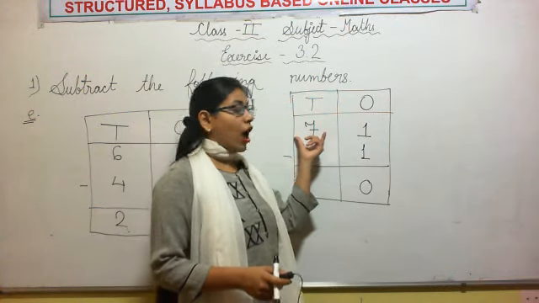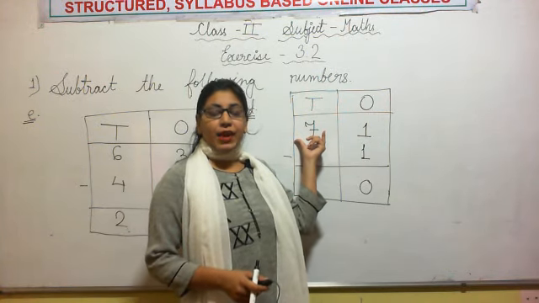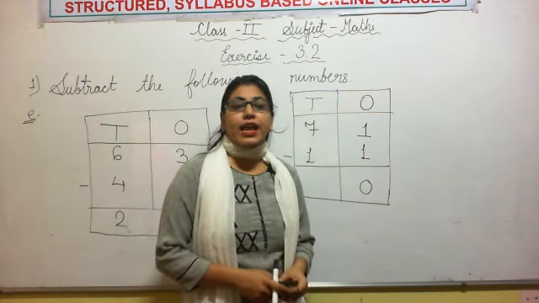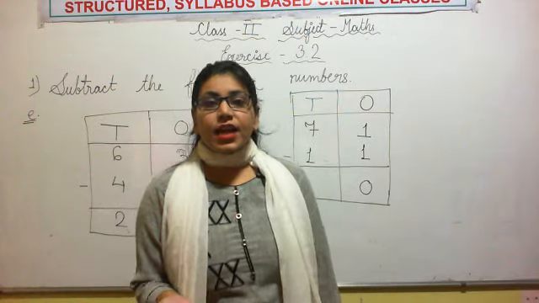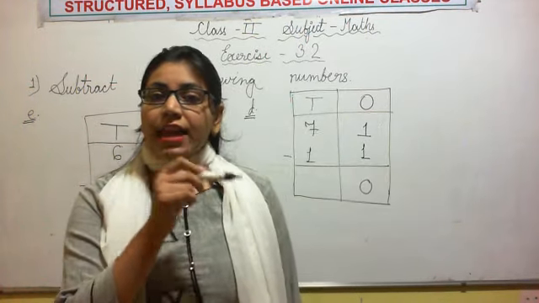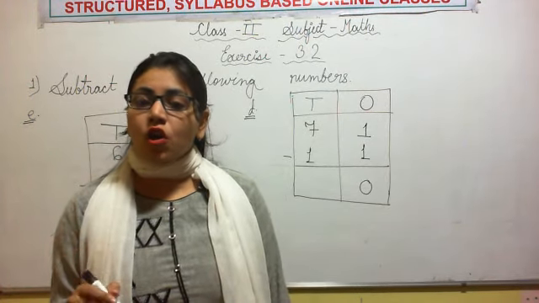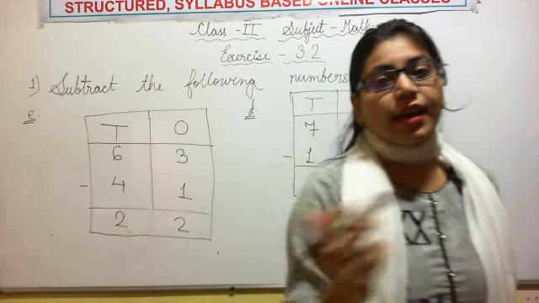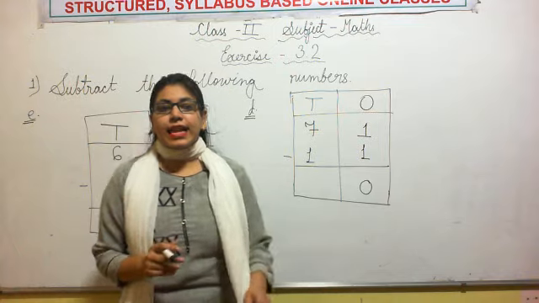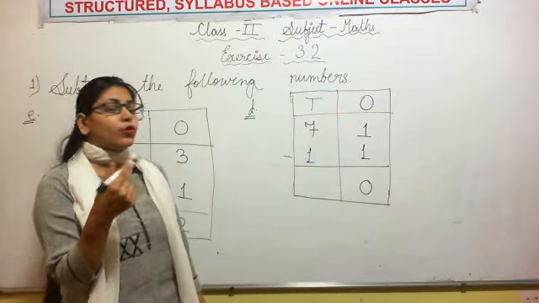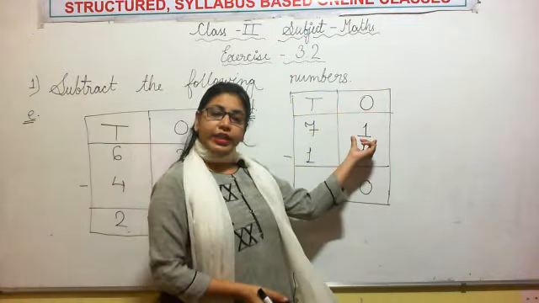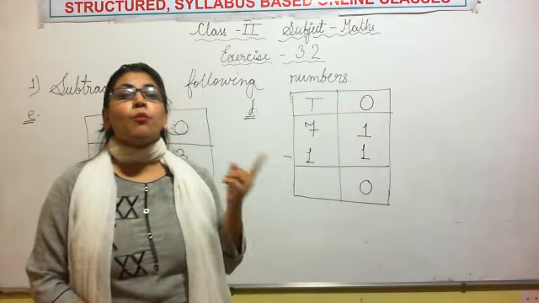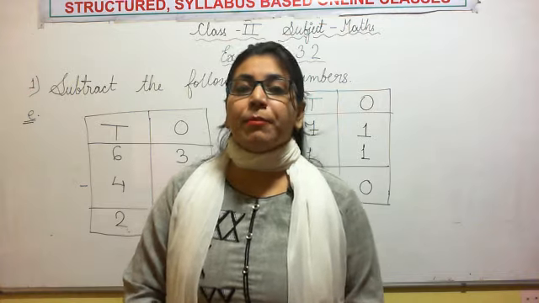If I don't remember the property, then first I have to draw the 7 sticks, then cancel 1 stick, then count the remaining sticks. So if I learn properties, I can do it without drawing sticks. Here also we did without drawing sticks.